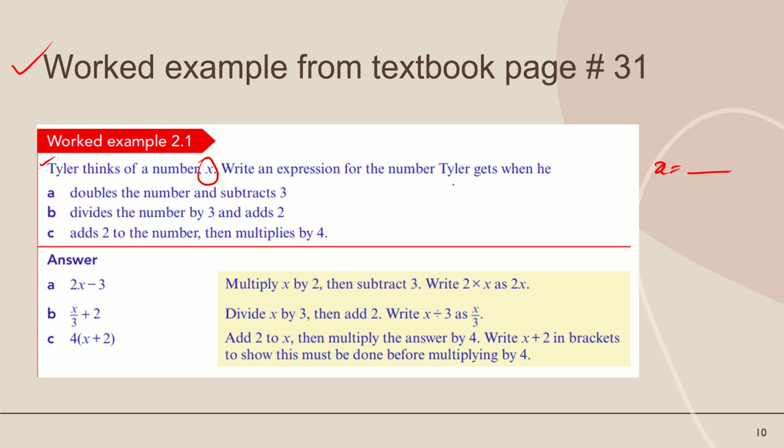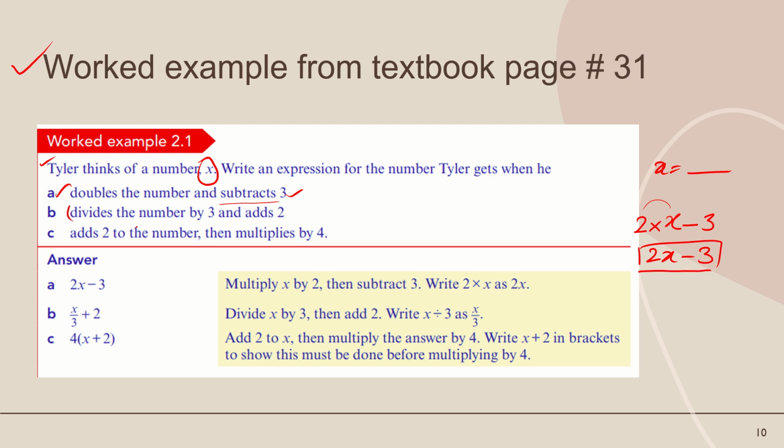Write an expression for what Taylor gets when he doubles the number and subtracts 3. First he thinks of the number x. Doubling the number means 2 multiplied by x. Now the number is doubled, so we subtract 3 from it. Our expression will be 2x minus 3. This is the answer of part a.